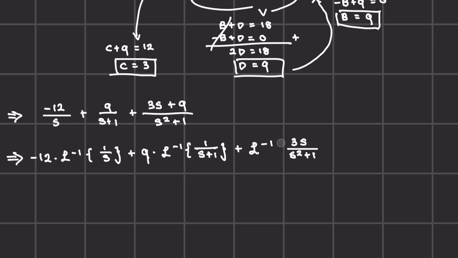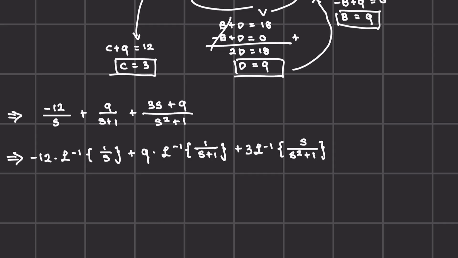And there's a reason why I split the fraction into 3s over s squared plus 1 plus 9 over s squared plus 1, because we want to use two separate properties or identities. And I almost forgot, we can pull the 3 outside to not complicate the inverse Laplace there.